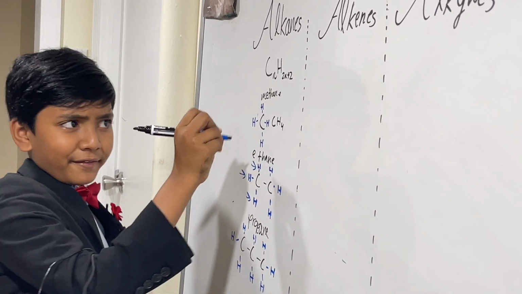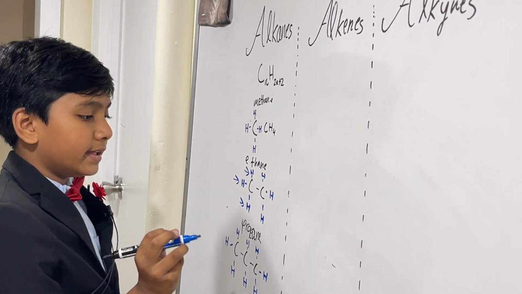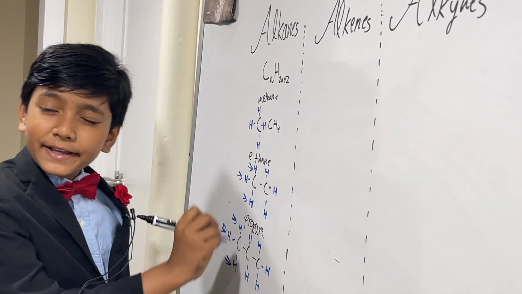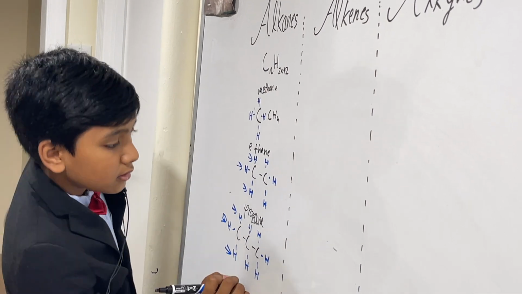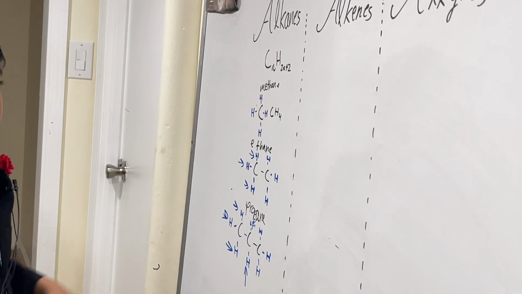You might say, oh, there are 4 in methane, but that's because there is no end of a chain here. There are also 3 attached here, but you see this carbon in the middle of propane? That only has 2 hydrogens attached because it's in the middle of a chain.